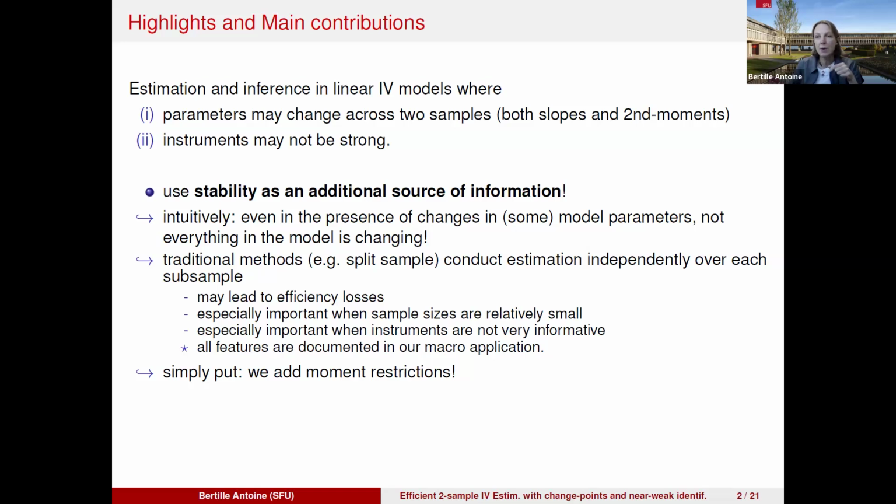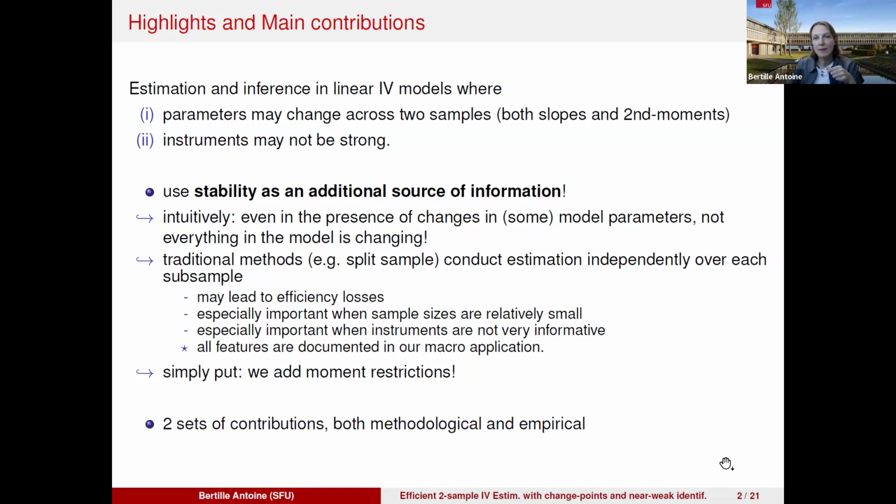And so once again, when you split the sample, then you may face additional constraints on the strength of the instruments that appear even more weak than they really are in practice. And so technically speaking, what we are doing to use stability as an additional source of information is to add moment restrictions. I will be a little bit more explicit about how we are doing that. And then these additional restrictions are going to bring us some efficiency, basically.